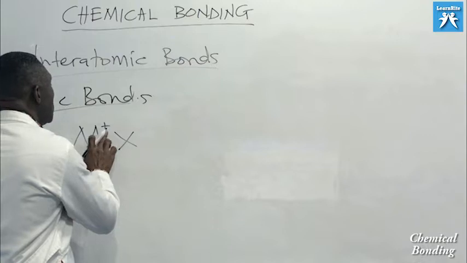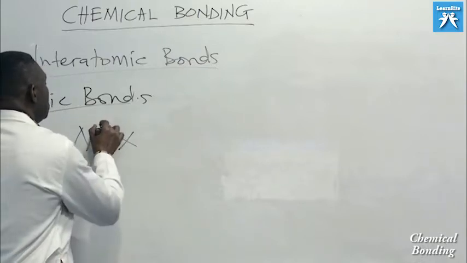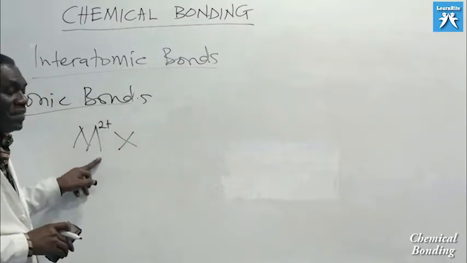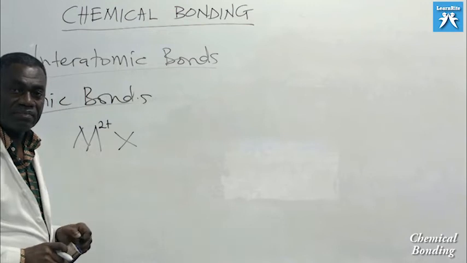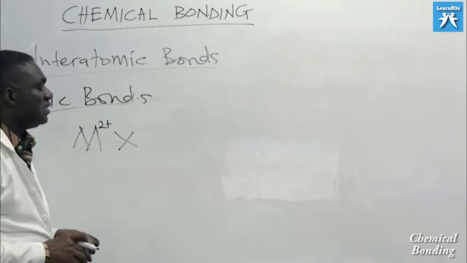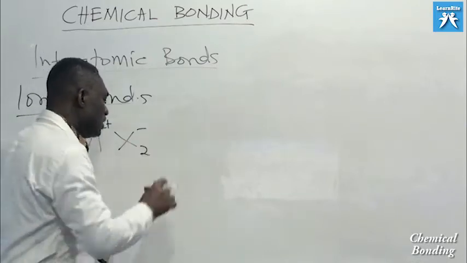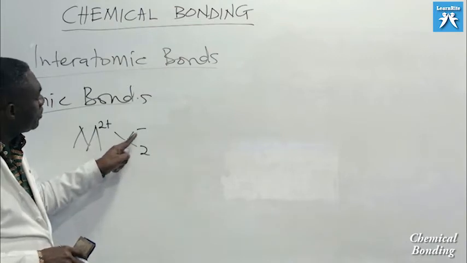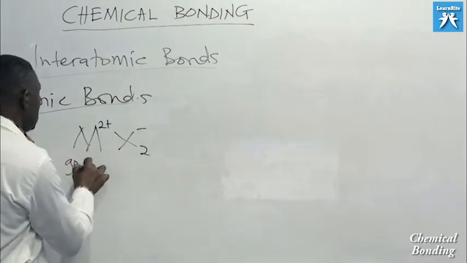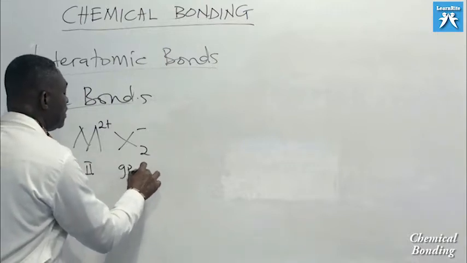So in that case, if I write M2+, this time my M here refers to a group 2 element. The M refers to what? A group 2 element. My X, if I put minus here and put 2 here, this is still referring to a group 7 element. So let me put here group 2, group 7.